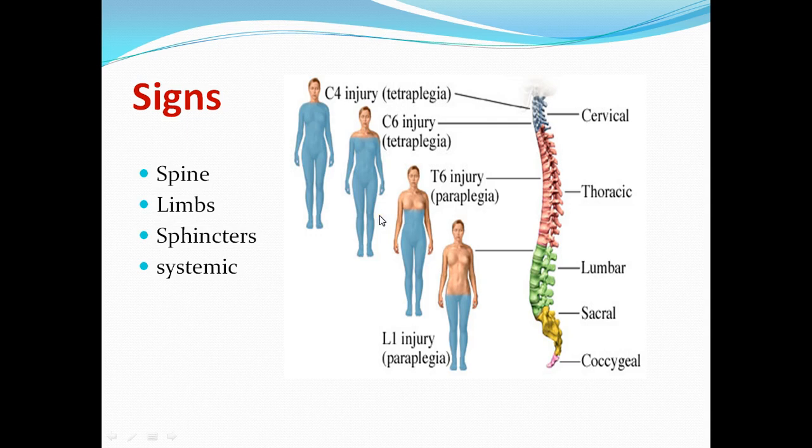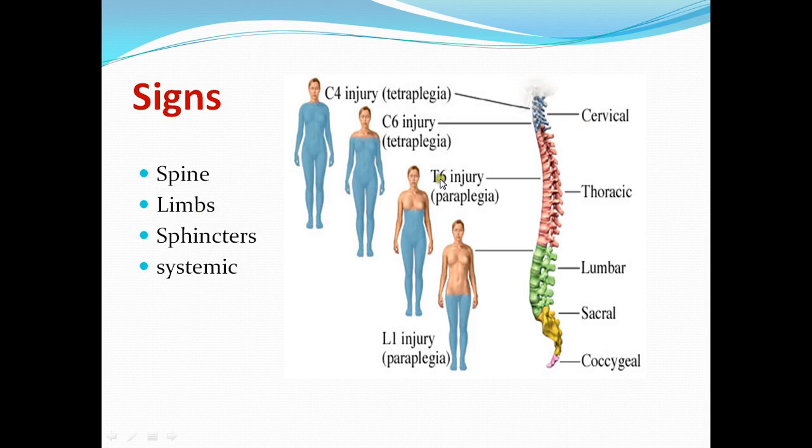After taking the history, we examine the patient and again look for these three important things: spine, limbs, sphincters, and then a systemic examination. If there is tenderness of the cervical spine and the patient is not able to move all four limbs, it shows that the injury is in the cervical region.